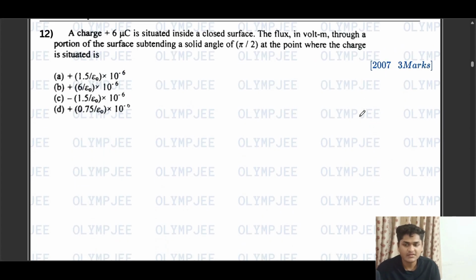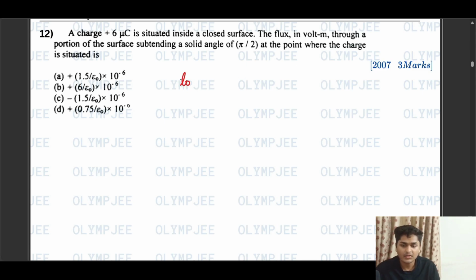Moving on to question 12, we have a charge of 6 microcoulomb situated inside a closed surface. The flux in volt meter through a portion of the surface subtending a solid angle of pi by 2 at the point where the charge is situated is.